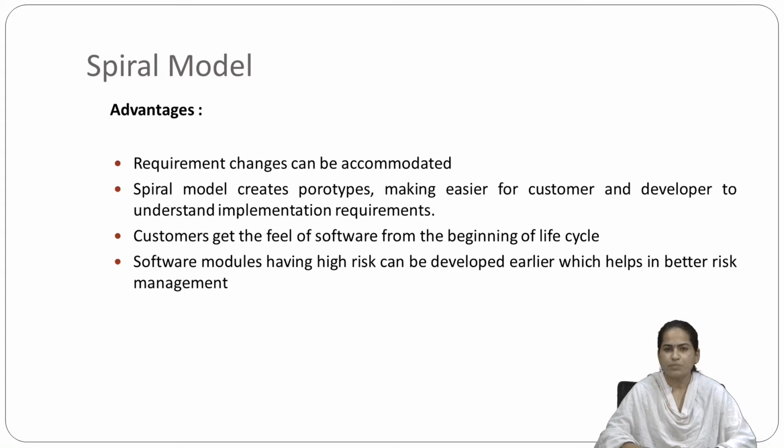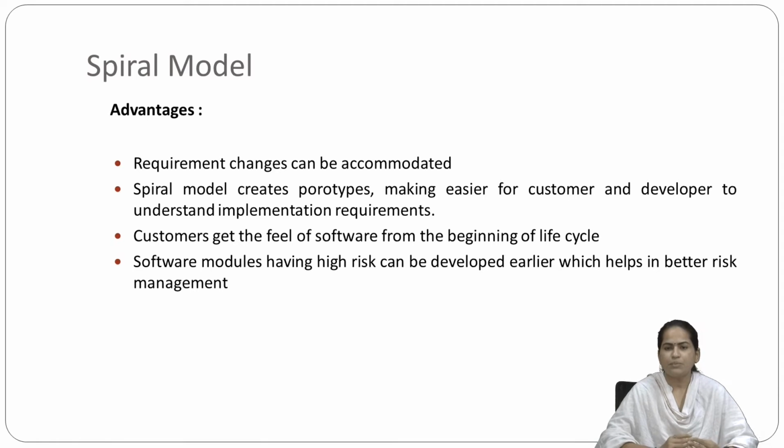The spiral model creates prototypes, making it easier for customer and developer to understand implementation requirements. We are saying builds are there, but actually what are builds? Builds are nothing but prototypes.